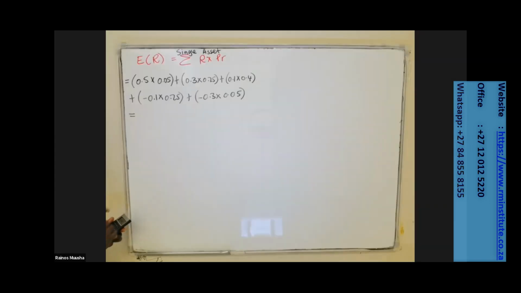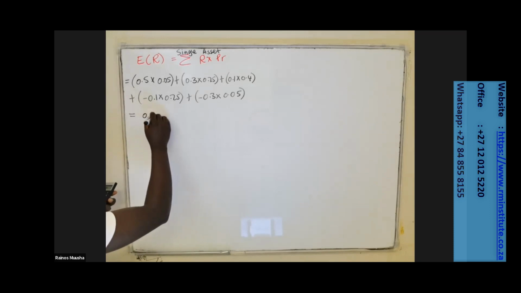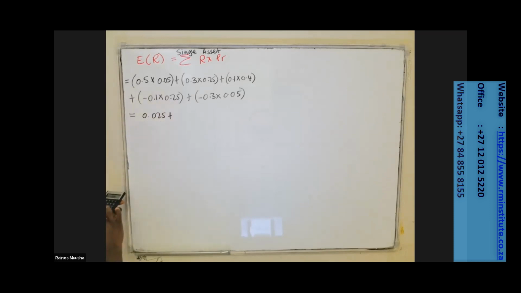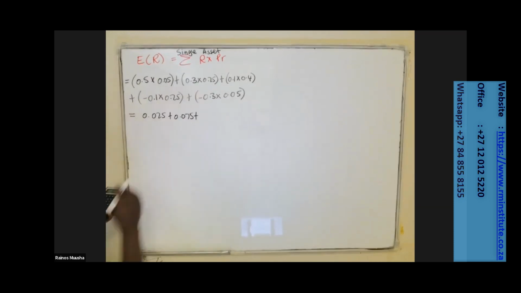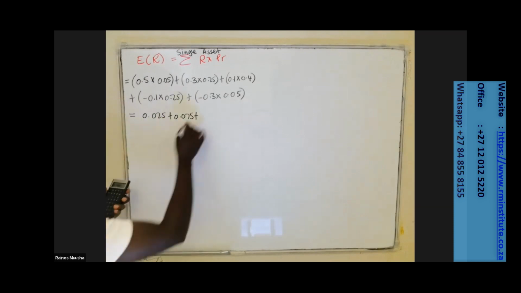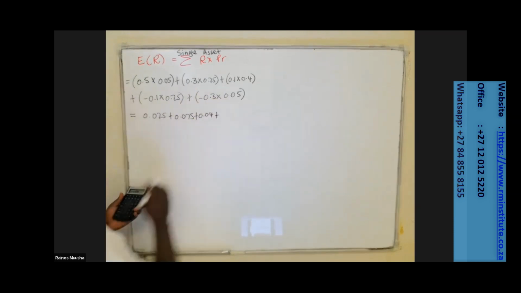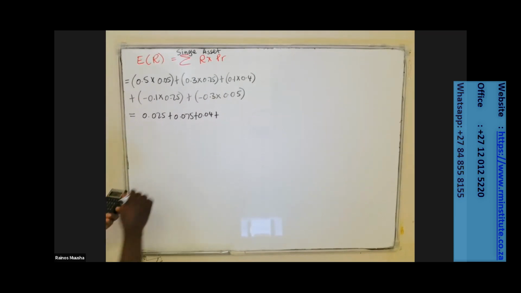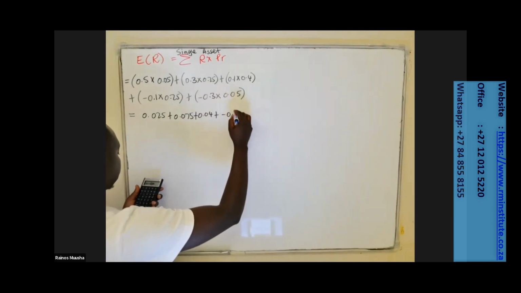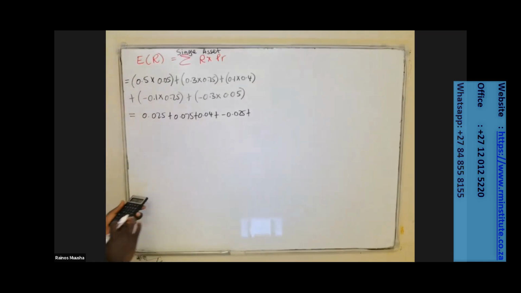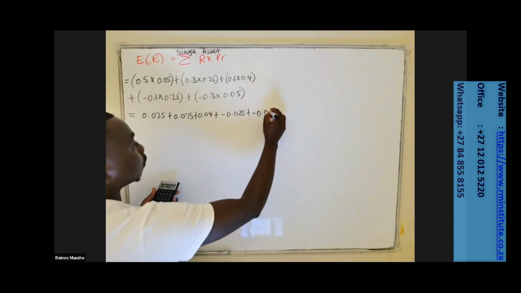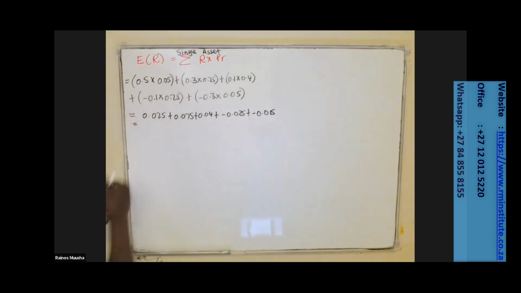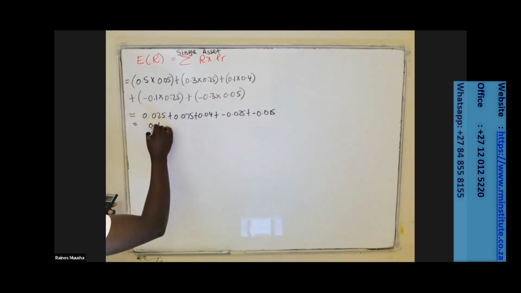Yeah, so you should be able to get values of 0.025 plus 0.075 plus 0.04 plus minus 0.025 plus minus 0.015, and this will give you an amount of 0.1.